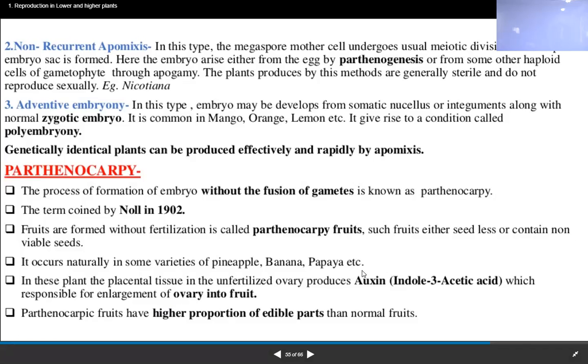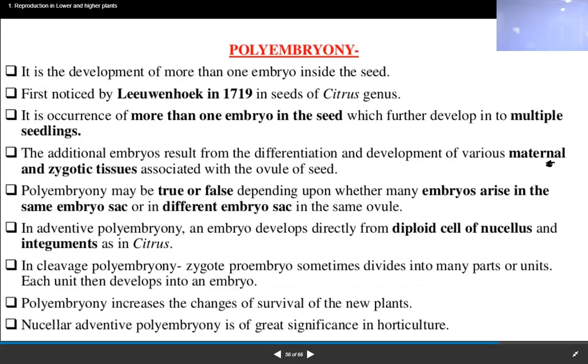We have different hormones which regulate the growth of a particular plant. So auxin is a plant growth promoting hormone. Then parthenocarpic fruits have a higher proportion of edible parts than normal fruits. So remember this term parthenocarpy.